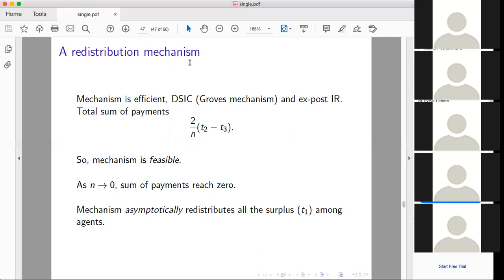If you impose that every surplus that you generate, the maximum value that you generate, is perfectly redistributed, then that is too much of a constraint, so there is no such mechanism. This mechanism that we have chosen does not impose that constraint all the way, the complete redistribution, but cleverly chooses a payment formula so that the redistribution is done in an asymptotic way.